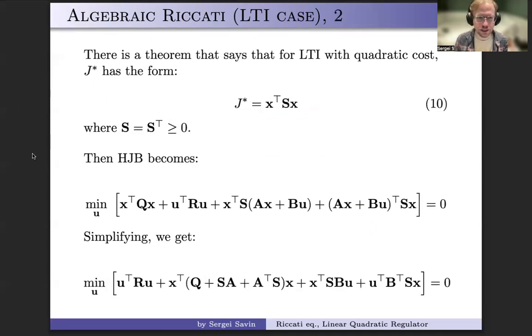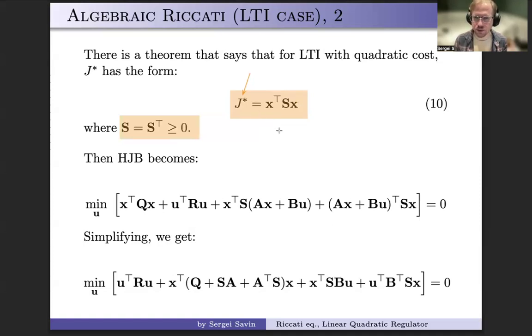Now, there is a theorem that says that for linear time invariant systems, the optimal value of the cost would be a quadratic form, where S is a positive semi-definite matrix. Here it would be good to remember that J star was a function of initial conditions.